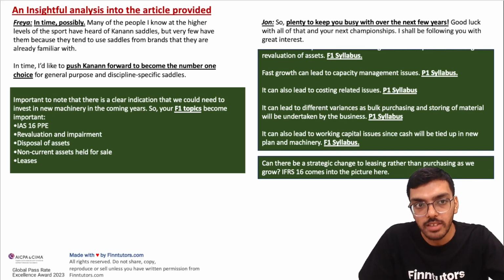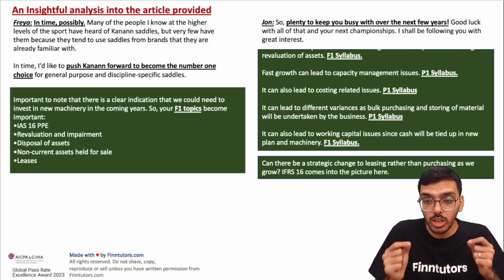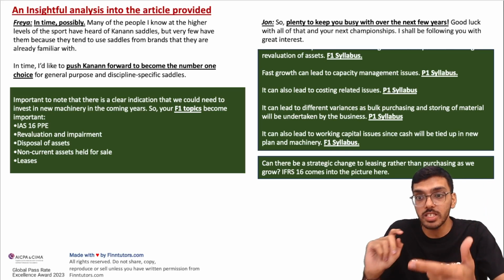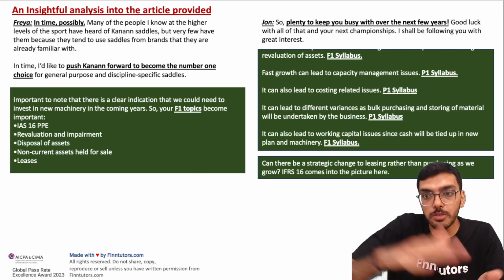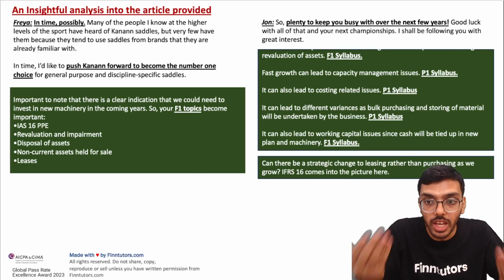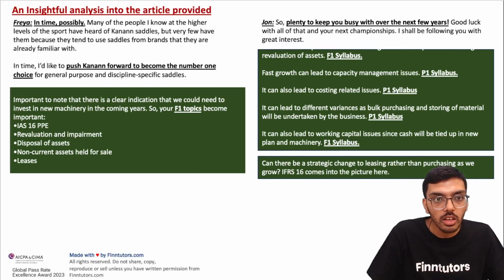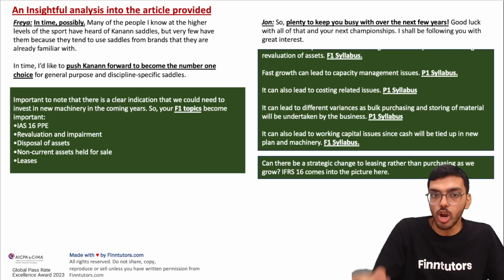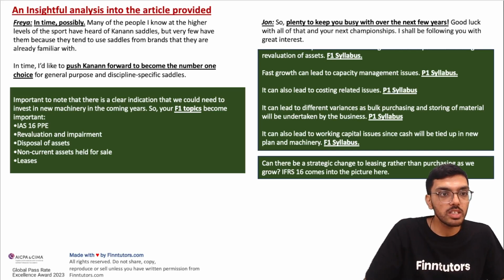So over here Freya is saying that in time she would like to make Kanann number one choice for general purpose as well as discipline specific. So expansion in product range is being looked at, because currently we only make general purpose saddles. We are not making discipline specific saddles.